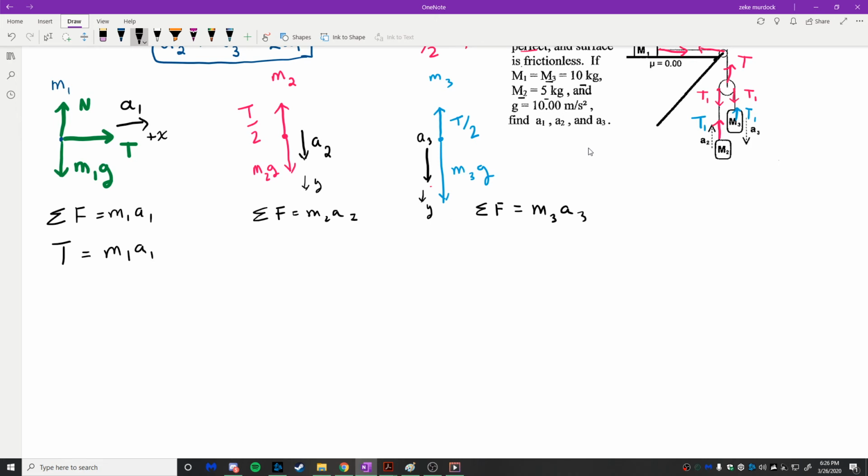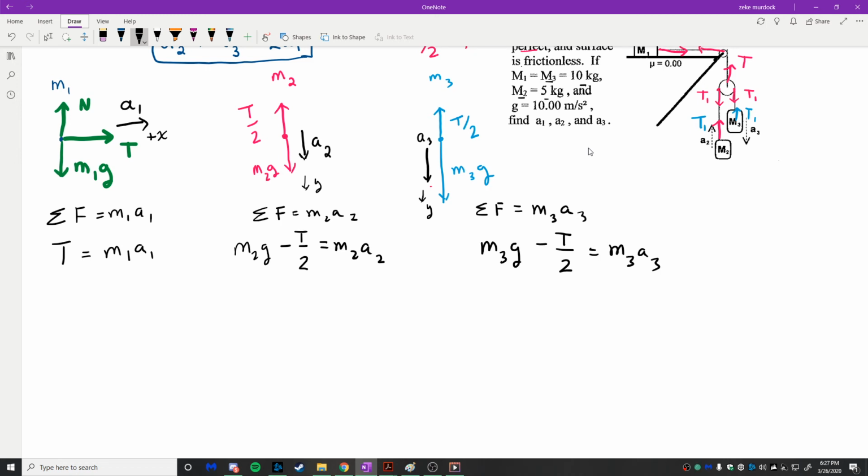For this one, we take down to be positive because that's the direction of the acceleration, so M2G minus T over 2 pointing up. For this one, we take down positive, so it's going to look pretty similar, except it's M3G now, minus T over 2 is equal to M3A3.